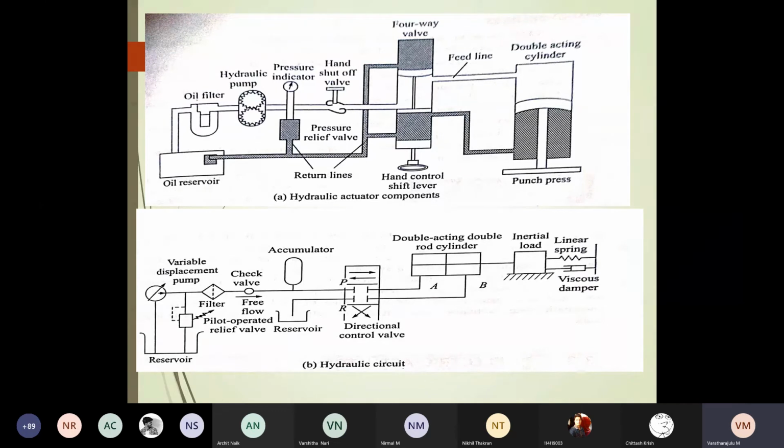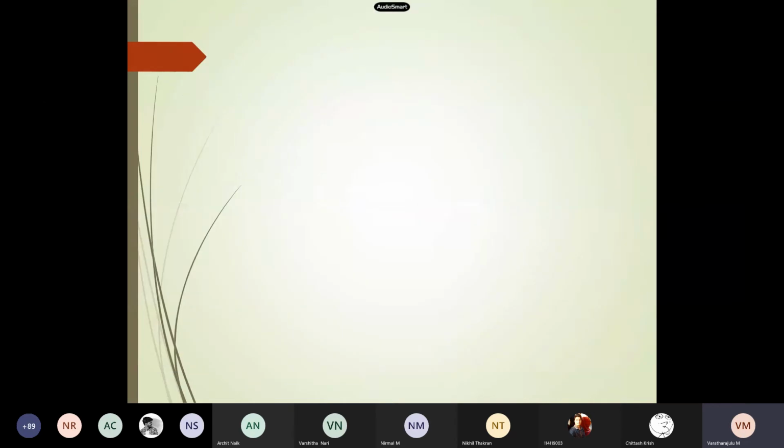It might be one of the very important questions in this particular topic, that is hydraulic actuation components. Please make a detailed note about the working principle of the hydraulic actuator components, and similarly the hydraulic circuit. And through the video you can please make a note of this content.